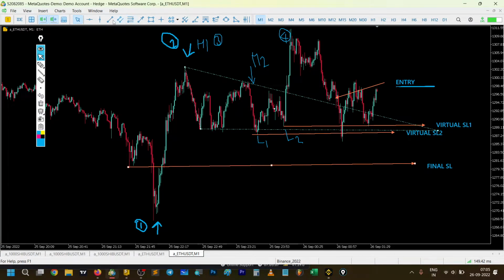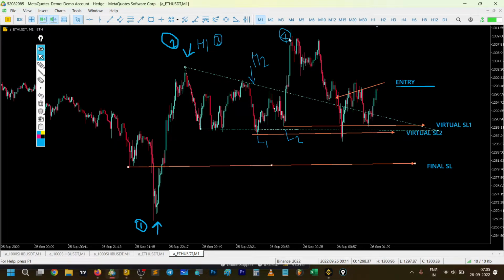Some people make mistakes, thinking this is the pattern, and draw it incorrectly, but that is completely wrong. Once a pattern is formed, it is locked. It will either fail or it will give reward. So you only have to follow two things.